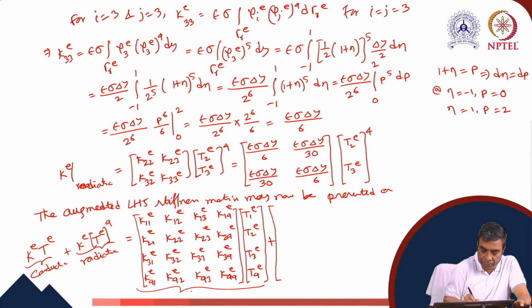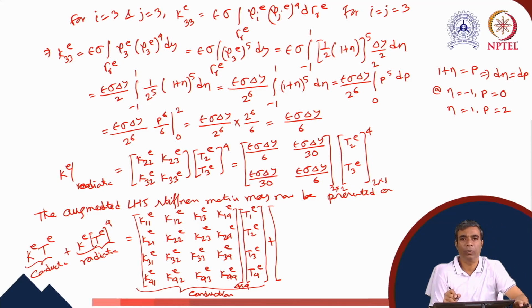So the first part is from the conduction or diffusion. So this is a 4 by 4 matrix. We had a 2 by 2 matrix and 2 by 1 vector for the radiation contribution. Now, incorporating the T1 and T4 terms, we can represent the 2 by 2 radiation matrix as a 4 by 4 radiation matrix with 2 rows and columns incorporating 0 terms.